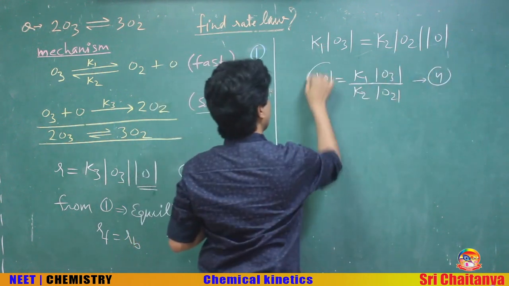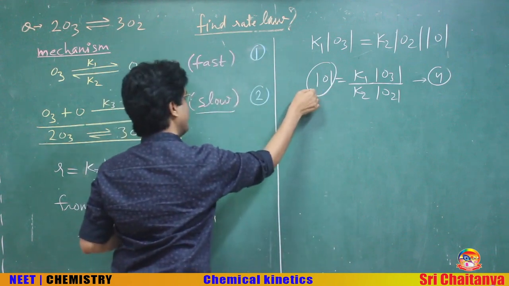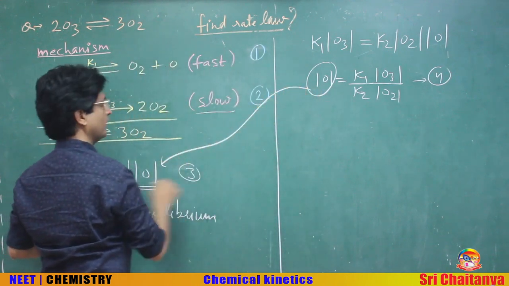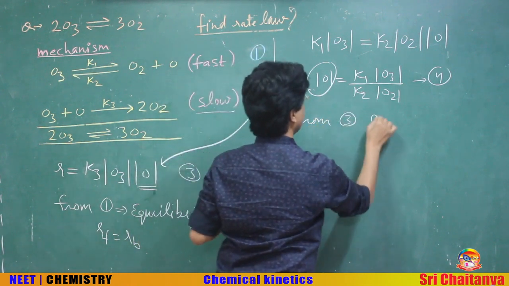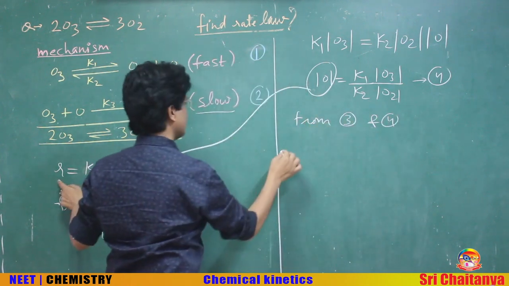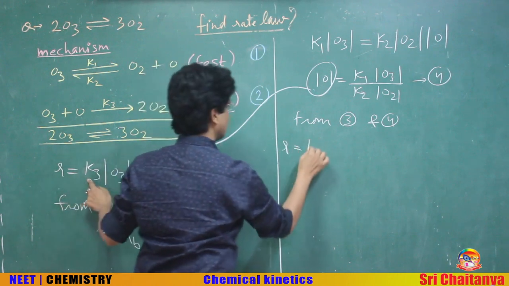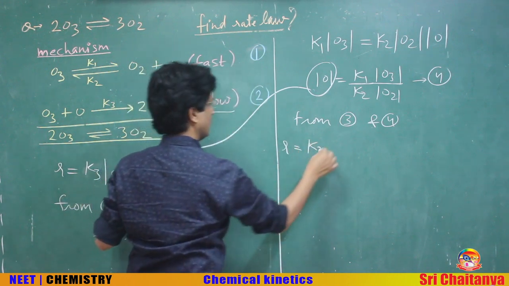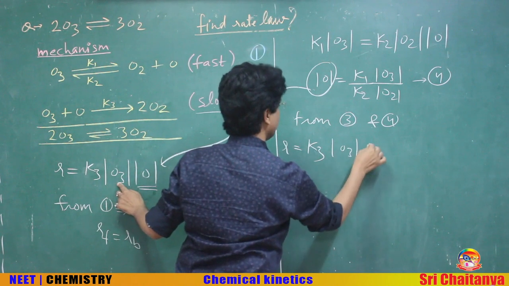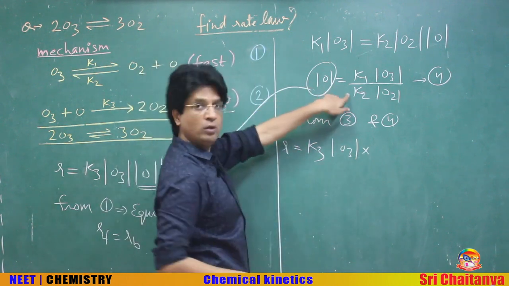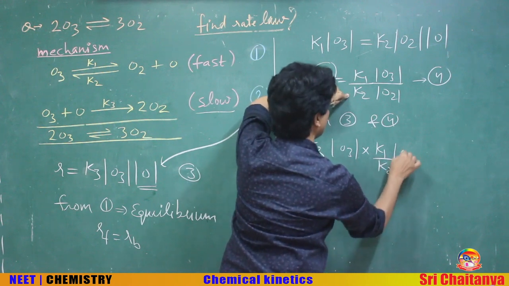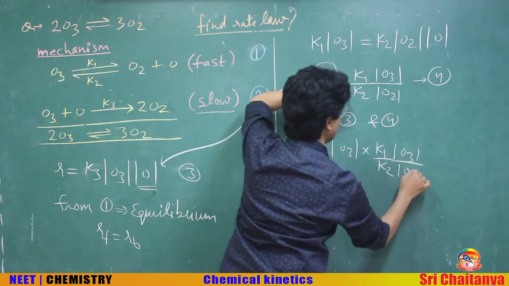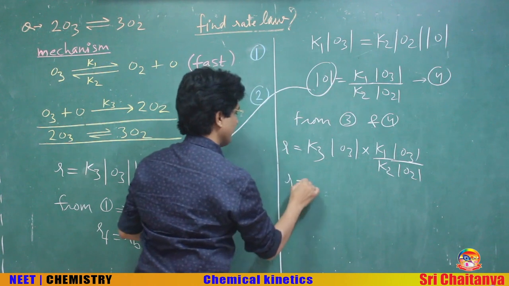From here I can replace the value of O in the rate law. So from the third and fourth equations I can say that rate will be K3 [O3][O]. What is the value of O? The value of O is K1 by K2 into [O3] by [O2]. Now simplify that.